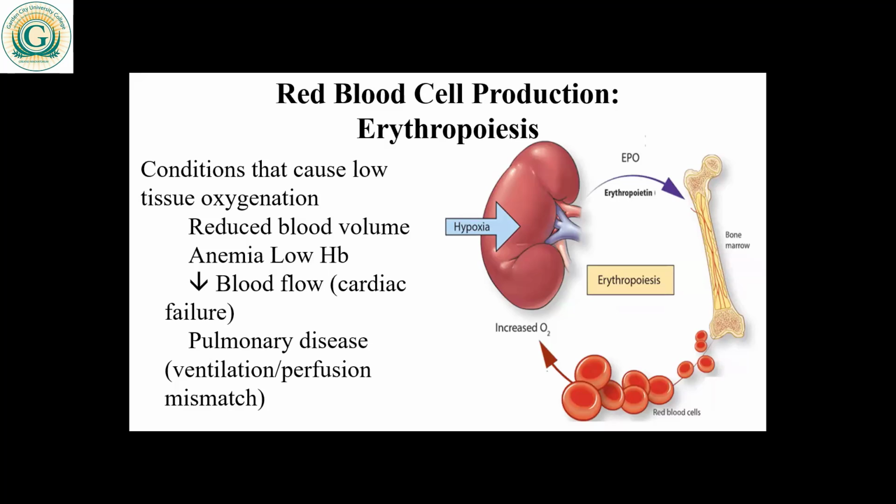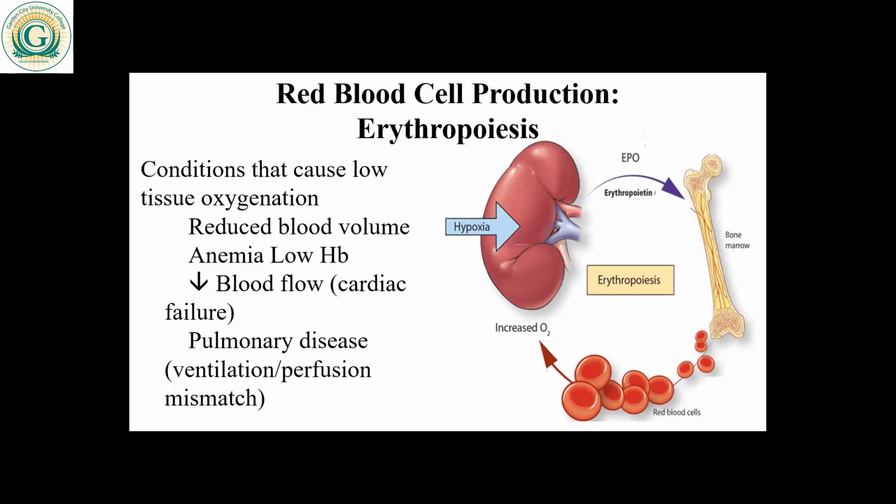And also, when we have a lower number of red blood cells or lower hematocrit levels, or percentage, that will also trigger the kidney to produce erythropoietin and then go through hematopoiesis.